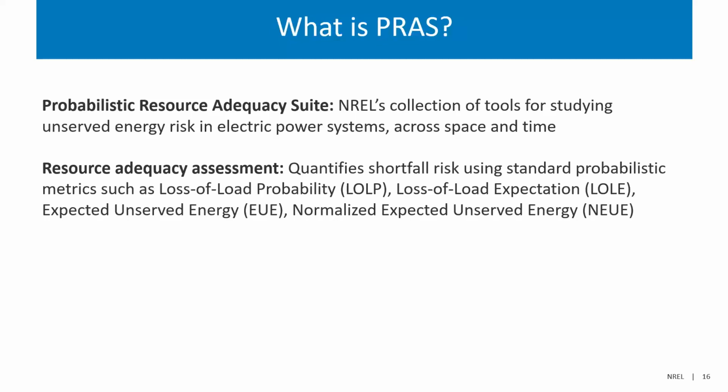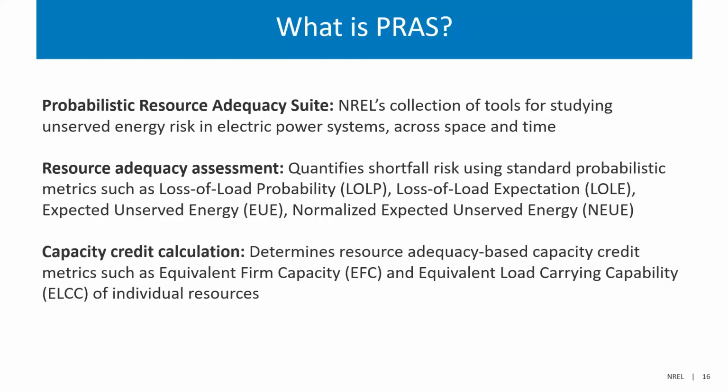The two main functions of PRAS are that it quantifies the shortfall risk using standard probabilistic metrics, such as loss of load probability, loss of load expectation, expected unserved energy, and normalized expected unserved energy.